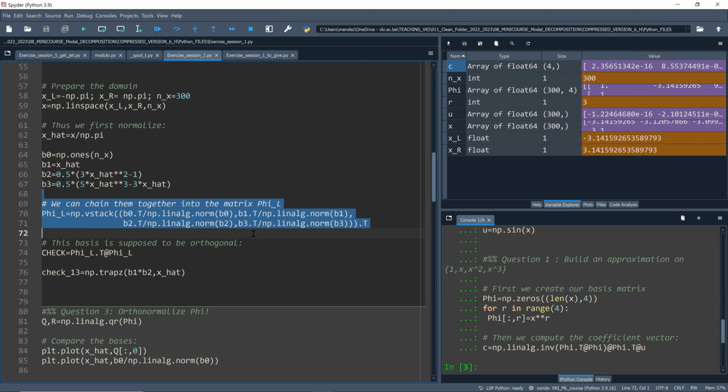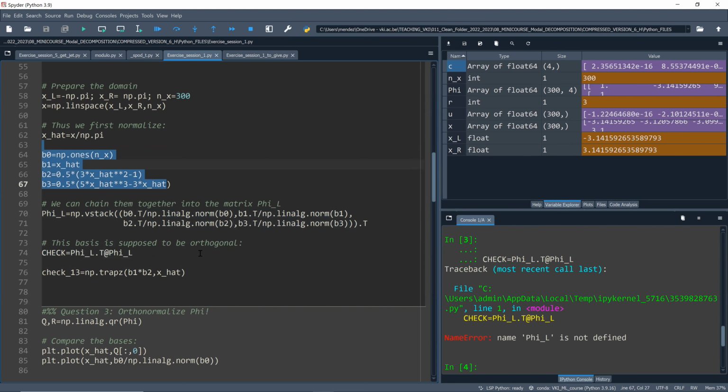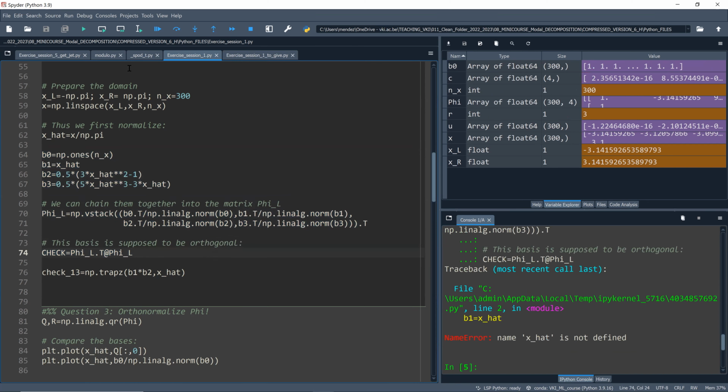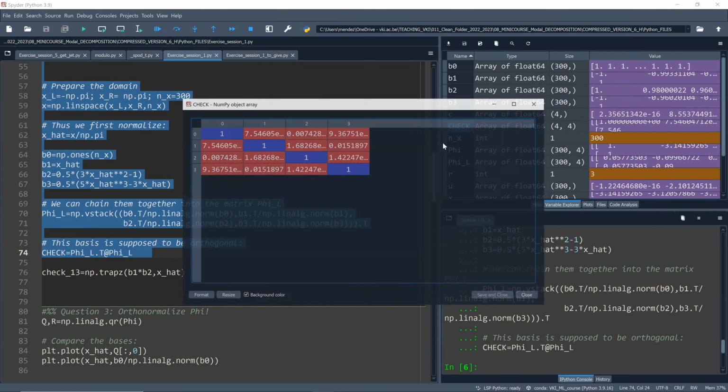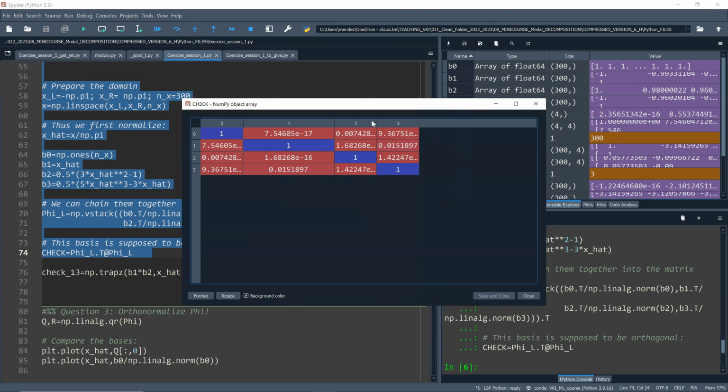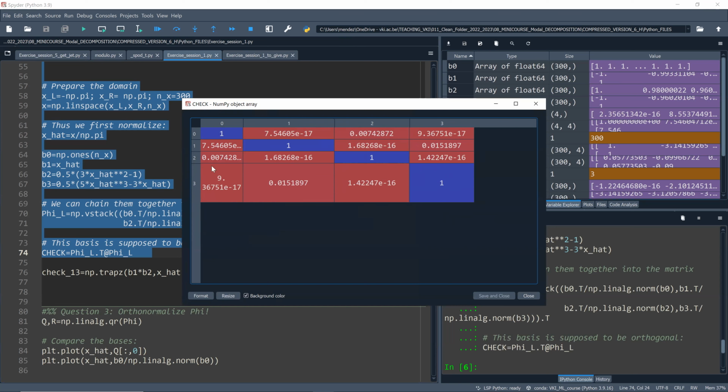If I open this check, I obtain this. Are you happy or not about what you see?